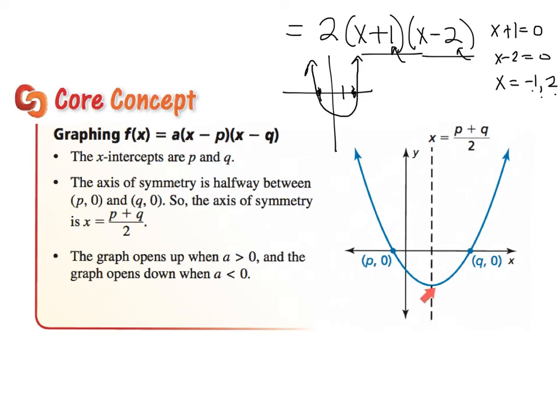To get halfway between, all you do is add the x values together and divide by 2. The graph opens up if this number a is greater than 0, and opens downward if it's less than 0. Now, to find your vertex, you would use this to find the middle, and then plug that value in to figure out what the y value would be.